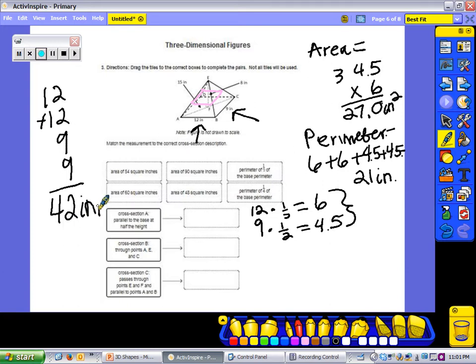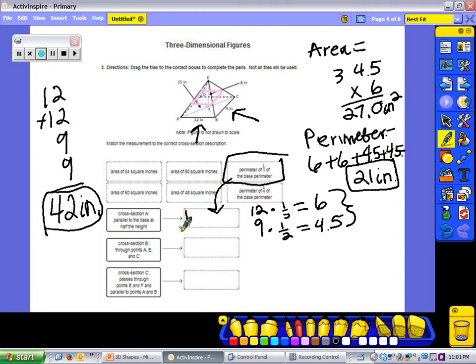Okay, so 42 inches would be the perimeter of the base. 21 inches would be the perimeter of half the base. So we're looking to put this tile here. It's the perimeter of half the base. So this is going to be the half base answer. All right, let's move on to the next one.